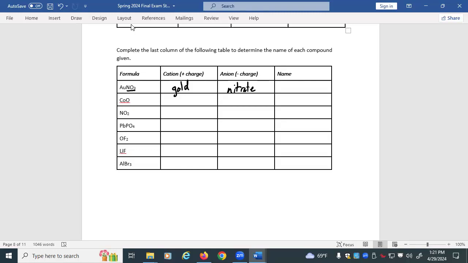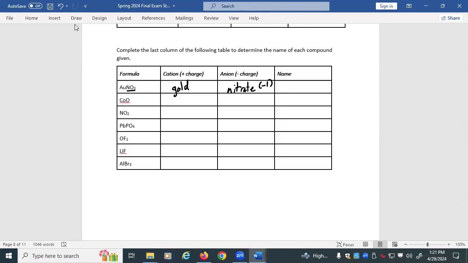Now, gold nitrate is partially correct. But again, without the Roman numeral, without the telling of charge, I can't read gold nitrate and know that it's AuNO3. I've got to have a little bit more information. Now, nitrate is a -1 charge.